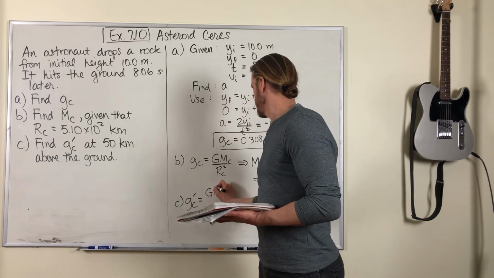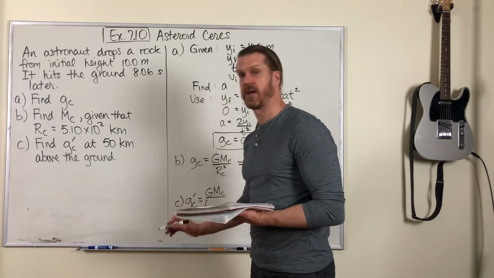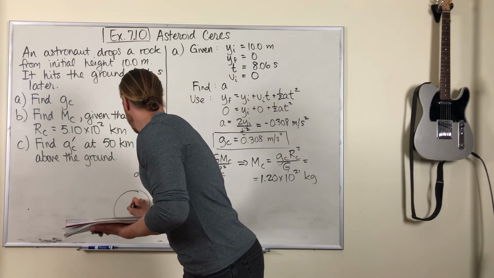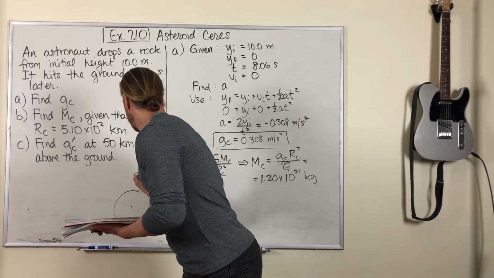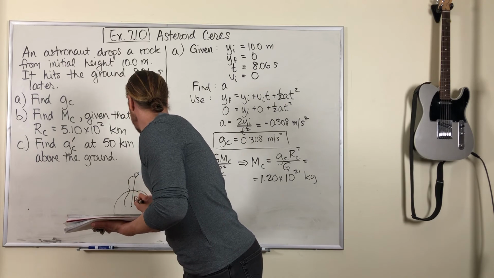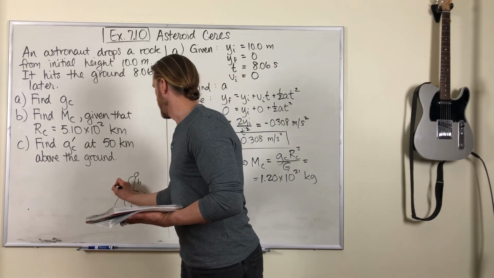So it's capital G m_c divided by the new distance from the center, squared. So if we're 50 kilometers above the surface now, that means that the distance is the radius plus the height.